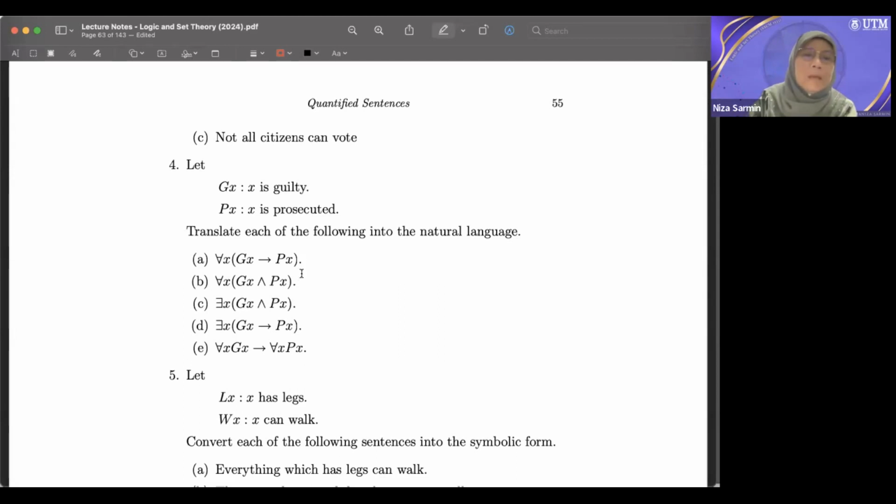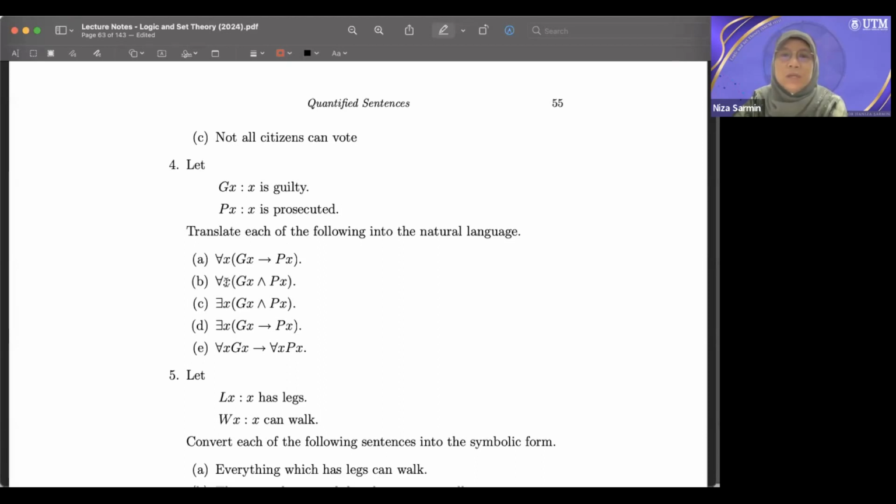Okay. Part B is a little bit different. Last time you asked whether, why, how, we should know. Normally for all, we use implication, right? And the exist, we use and. That is the normal one. But here, part B, you are forced to be given for all and and. So this is still okay.